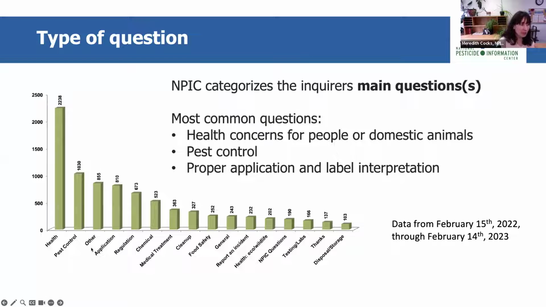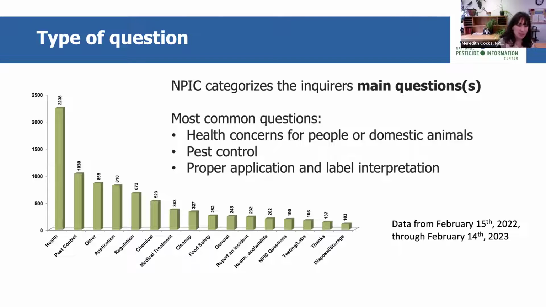We also categorize the caller's main questions, and there may be multiple questions per call. Our top 3 questions year in and year out tend to be the same, and 2022 is no exception. The number 1 question is always about health concerns for people and pets. After that, pest control tends to be the top question, followed by proper application methods.